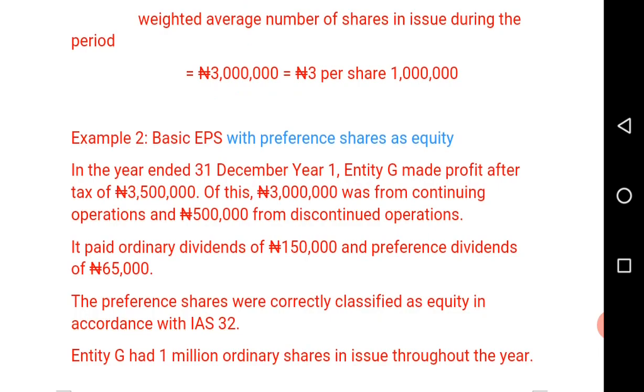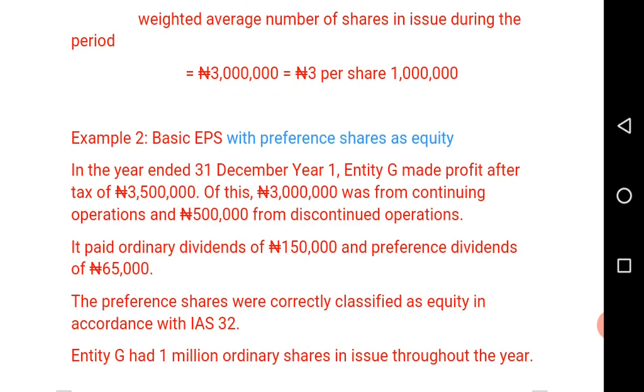Now, in the year ended 31st December year 1, entity G made profit after tax of 3.5 million. Of this, 3 million was from continued operations, 500,000 naira was from discontinued operations. It paid an ordinary dividend of 150,000 naira and a preference dividend of 65,000 naira.